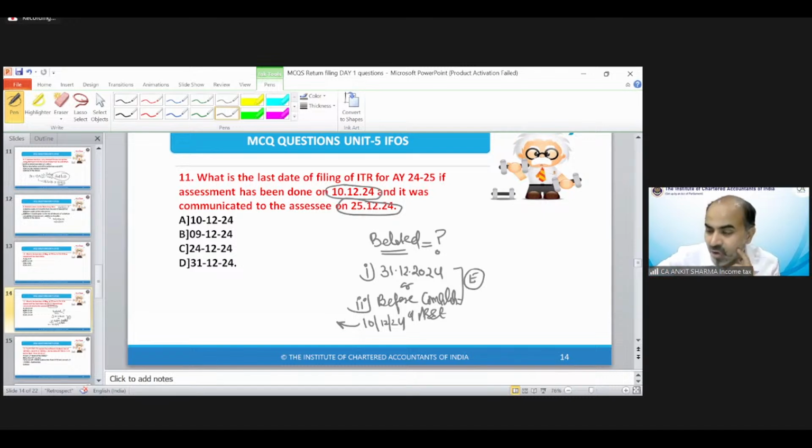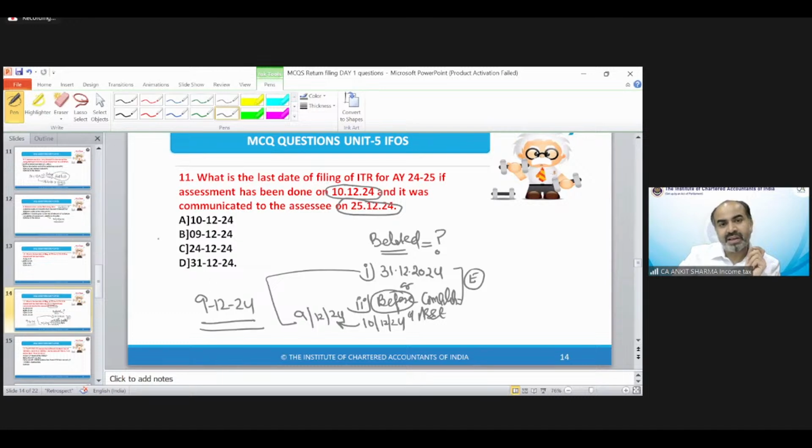So 10th would not be taken for the purpose of comparison. The date would be 9th December 24 because on 10th the assessment has been done. And this is before completion of assessment. So earlier would be chosen from 31st December or 9th of December, whichever is earlier. So the correct answer would be this, and that means option number B.